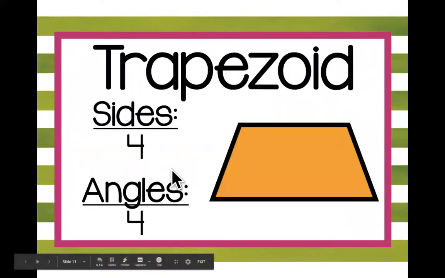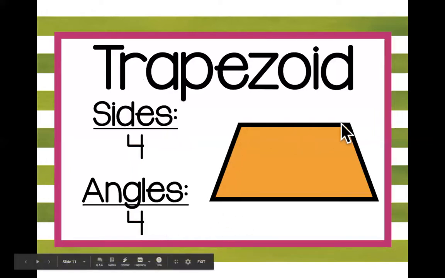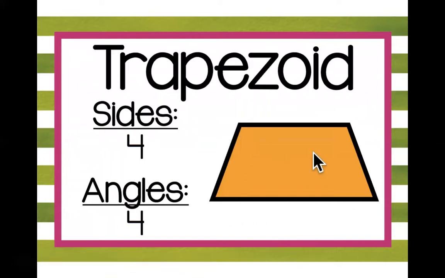Okay, the next quadrilateral we'll talk about is a trapezoid. A trapezoid also, because it's a quadrilateral, quad means four, has four sides and four angles. So a trapezoid has four sides, 1, 2, 3, 4, and four angles, 1, 2, 3, 4.